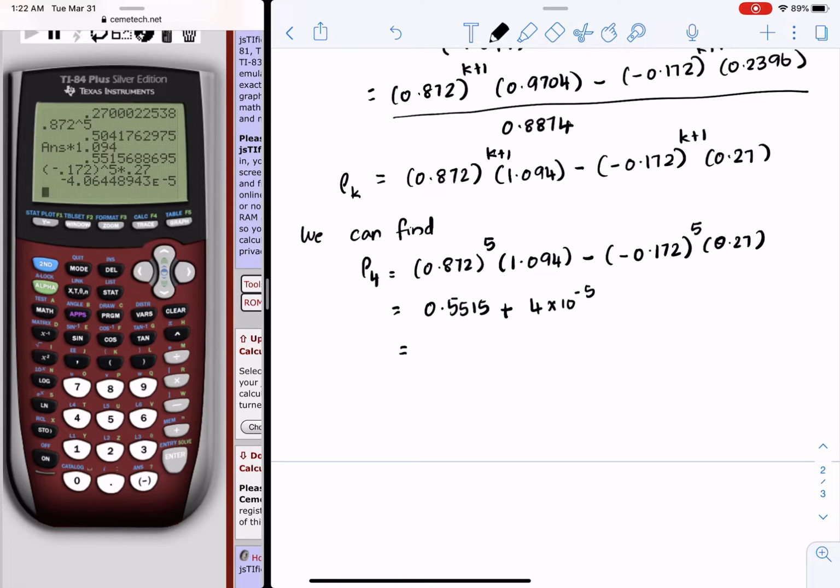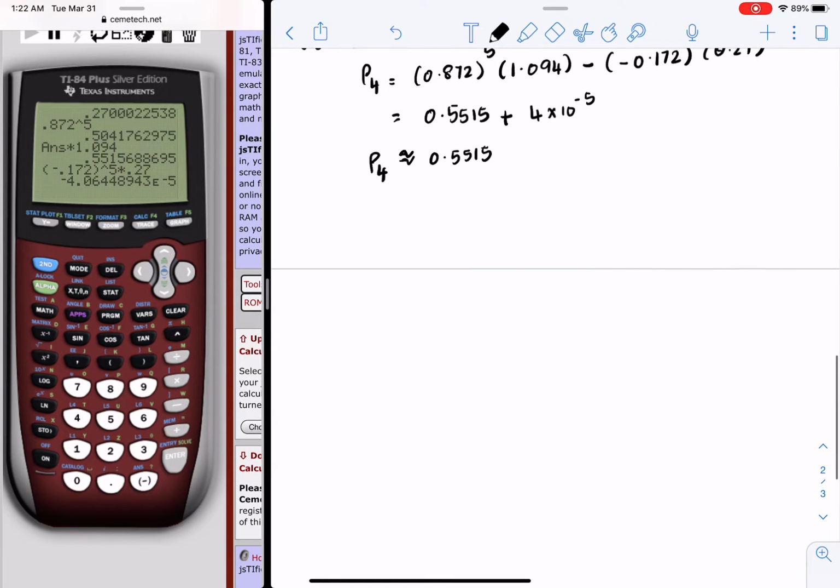That number is quite small, so rho 4 would simply end up being 0.5515. So that is how we find the general expression for rho k without using the difference equation, rather simply using the inverse of the roots of the characteristic polynomial.